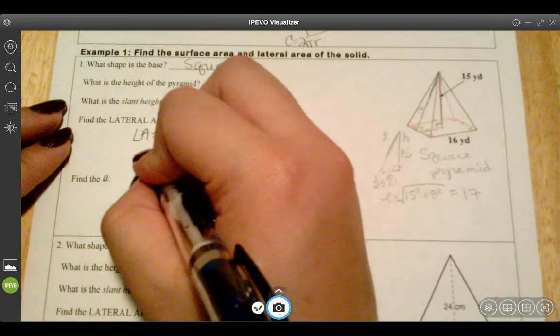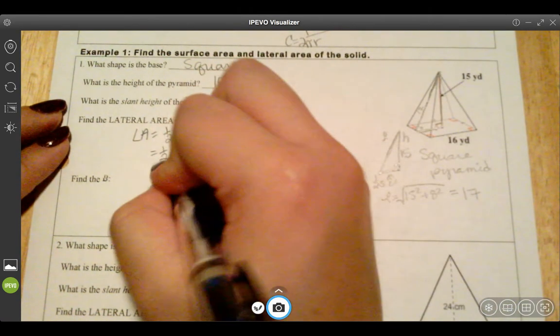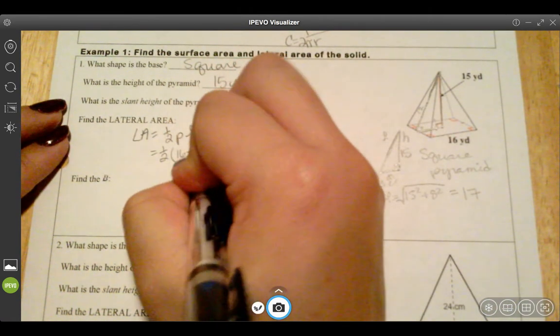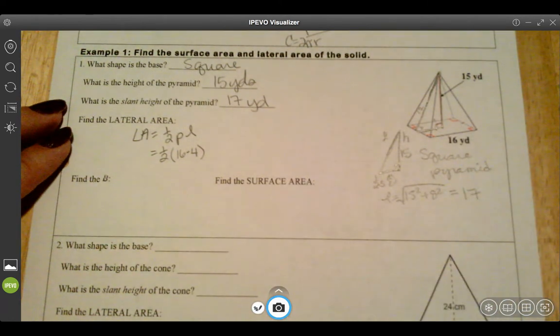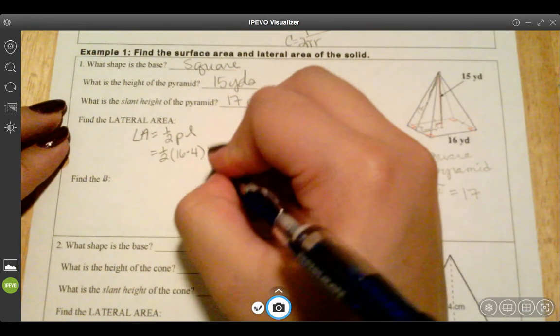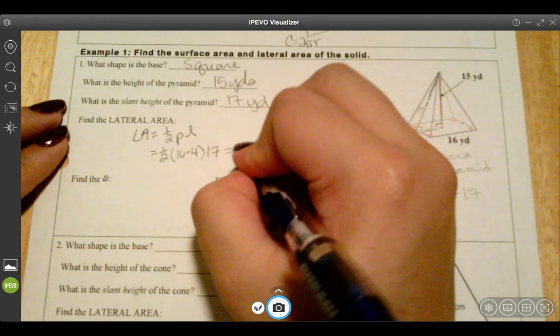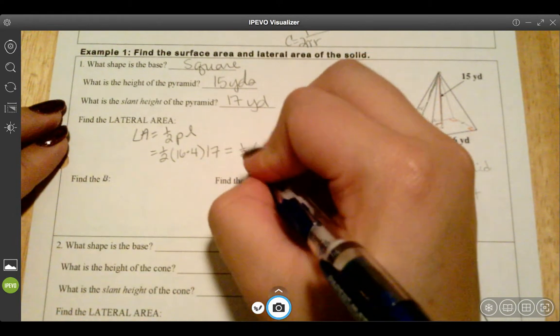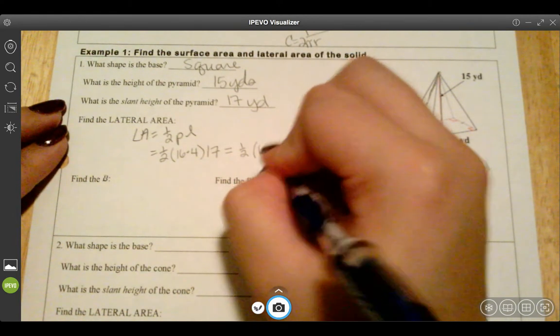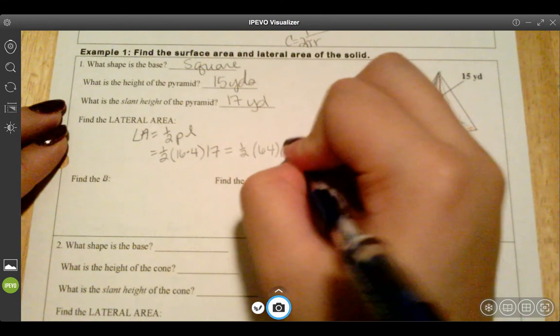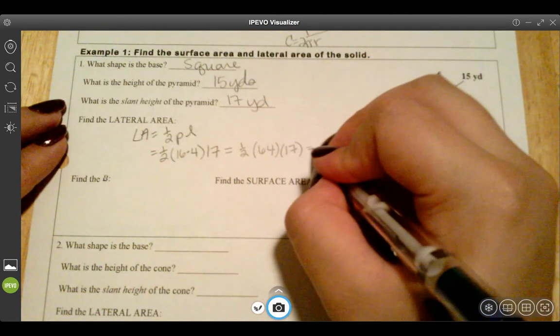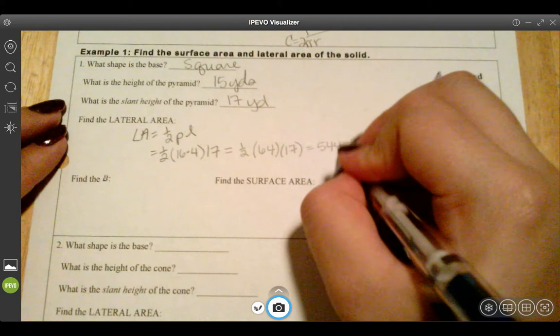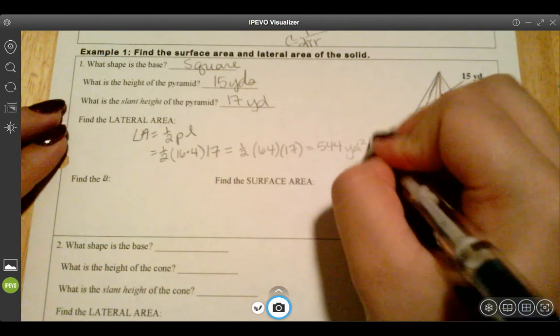So 1/2, the perimeter, 16 times 4, because I have 4 sides, each of them 16 yards long. Slant height we just found was 17. That's 1/2 times 64 times 17, giving us 544 square yards.